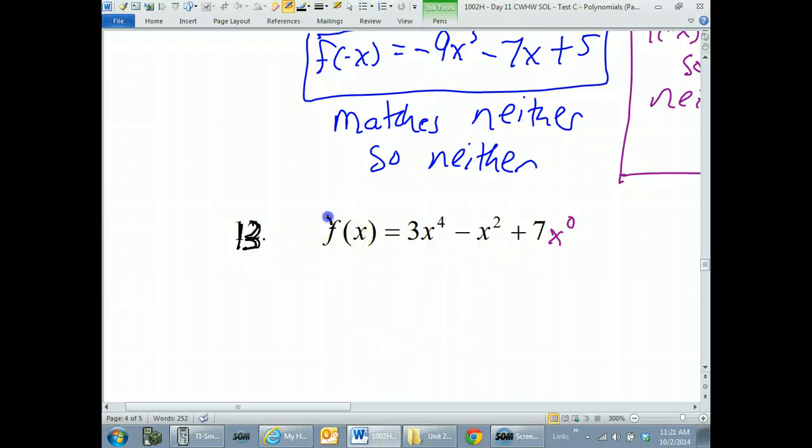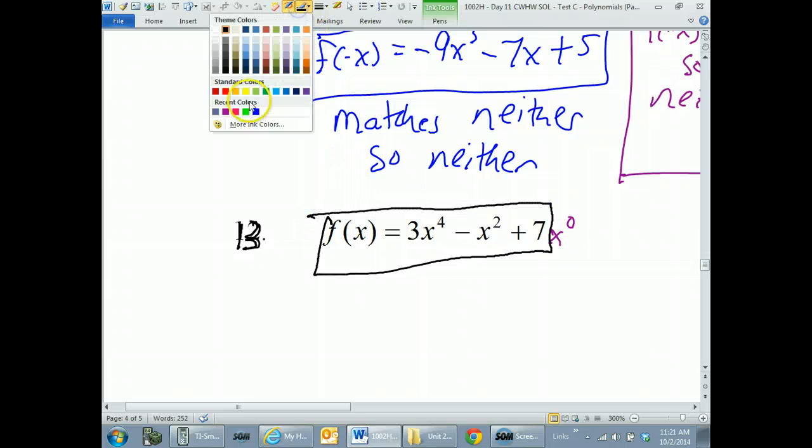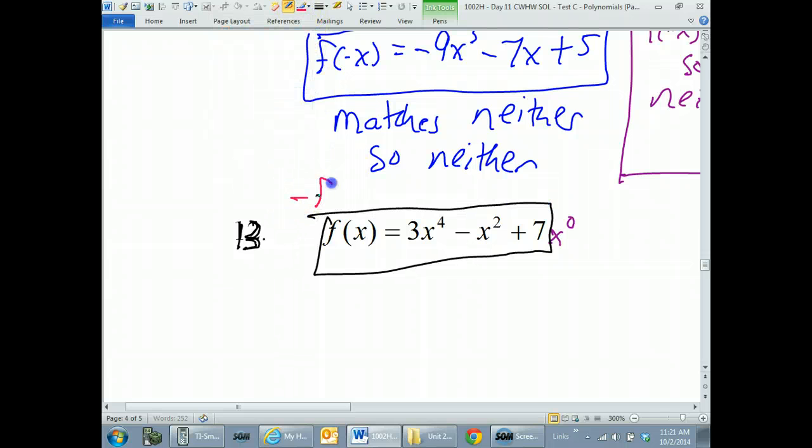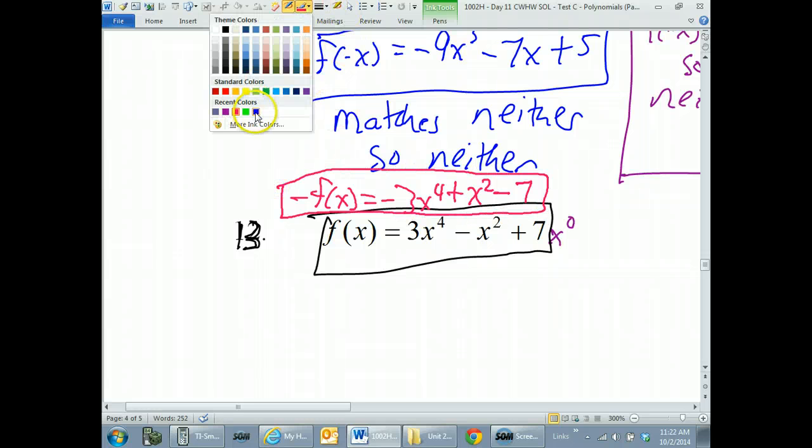Okay, so I've got my original function right here. Now I've got my opposite function. Negative f of x is going to be negative 3x to the fourth power plus x squared minus 7. That's the opposite function. And now I'll do my f of negative x.